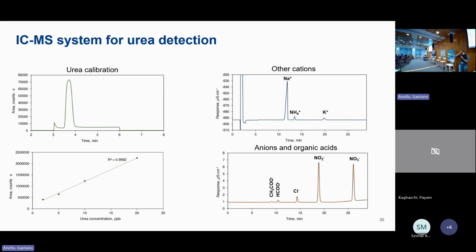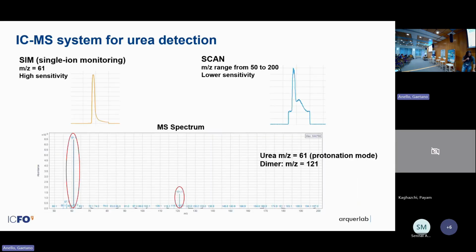Another point is that I mentioned that the detection should be timely, and we can get most of our liquid products and byproducts and urea in the same run, detecting ammonia, nitrites, nitrates, formic acid, formates, acetates, and so on in the ionic chromatography during the same run. So this is something that we're quite happy about.